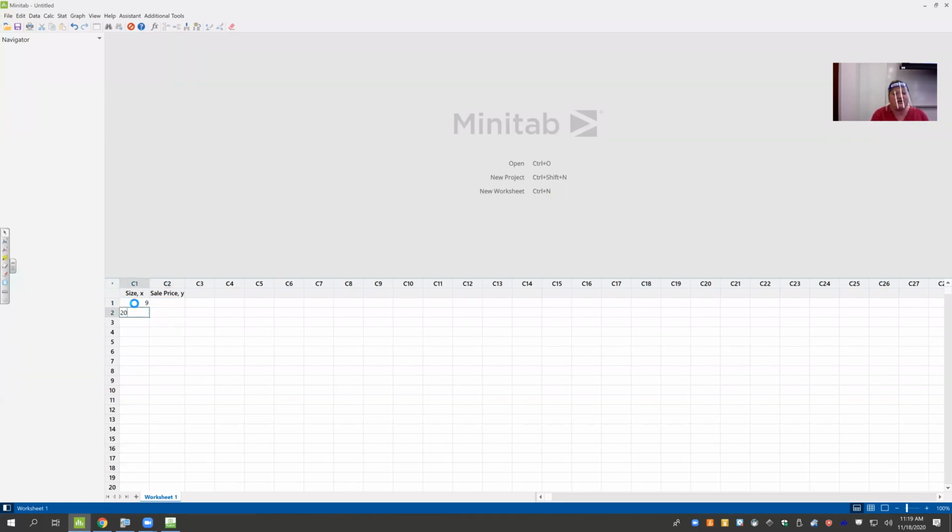9, 20, 27, 31, 35, 40, and 60. Notice they're not consecutive. They don't have to be. Then we go back and keep them paired up.